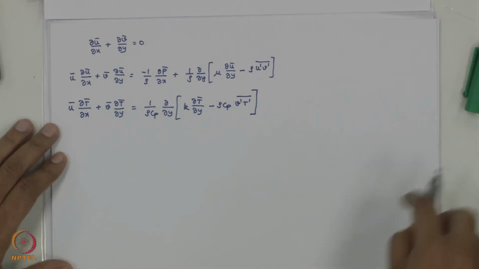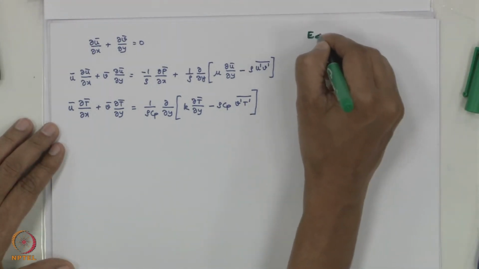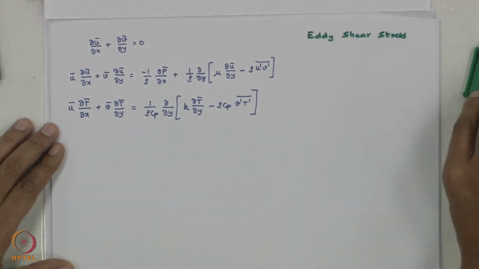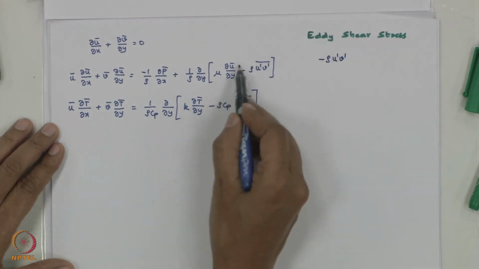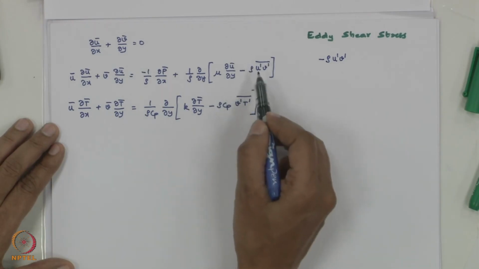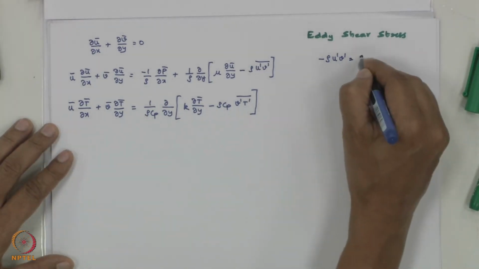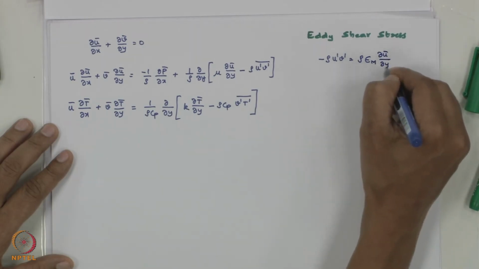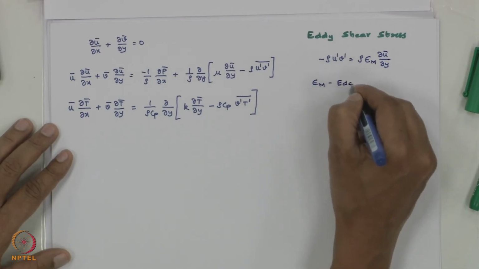Now I define what is called eddy shear stress, that is minus rho U prime V prime bar. You see here, mu del U bar by del Y is a shear stress. So minus rho U prime V prime bar, I am calling one more shear stress, the eddy shear stress, which is equal to rho epsilon m del U bar by del Y, where epsilon m is the eddy momentum diffusivity.